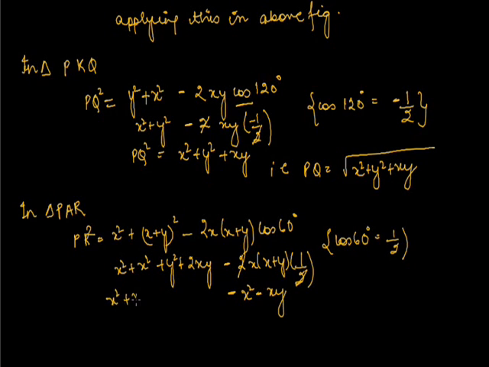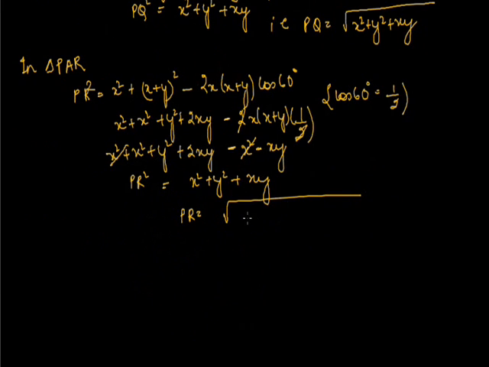Here x square plus y square plus 2xy, x square minus x square, xy cut, so it will become x square plus y square plus xy. This is our side PR square. PR is equal to under root of x square plus y square plus xy.